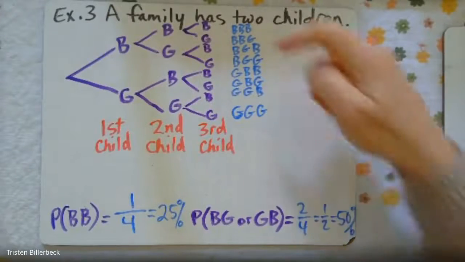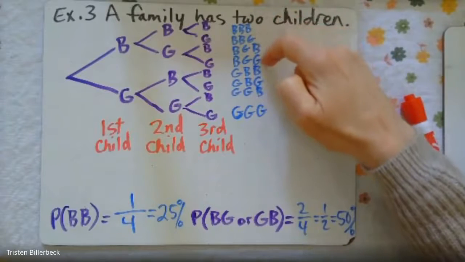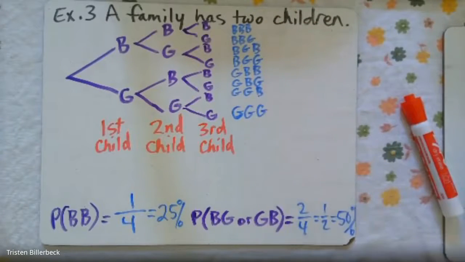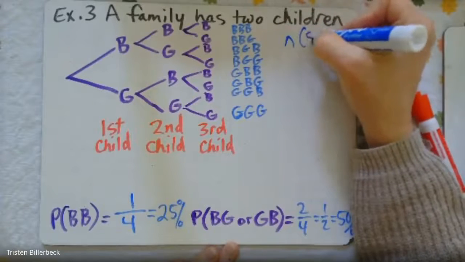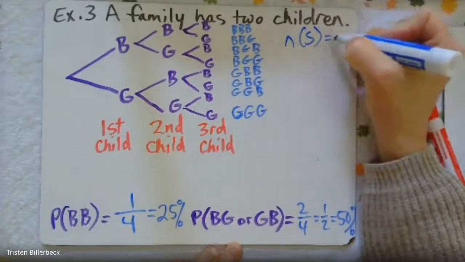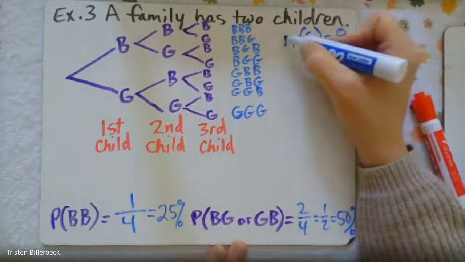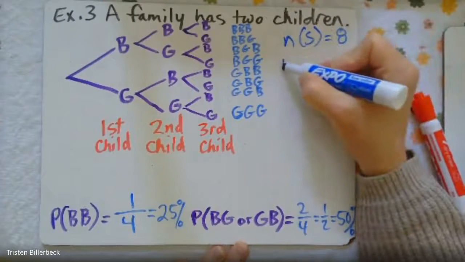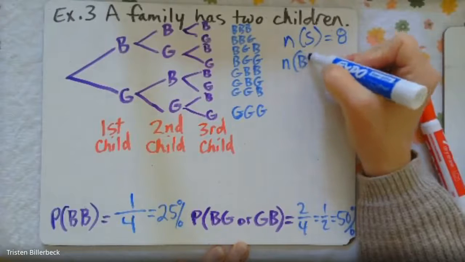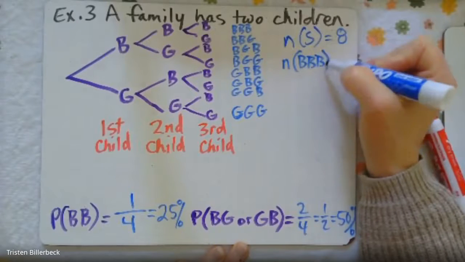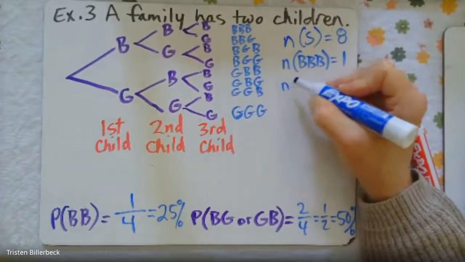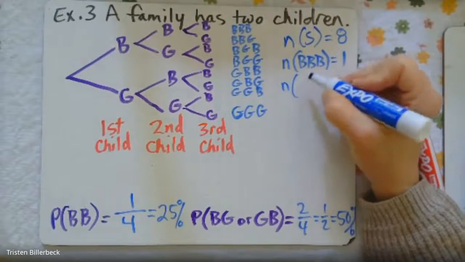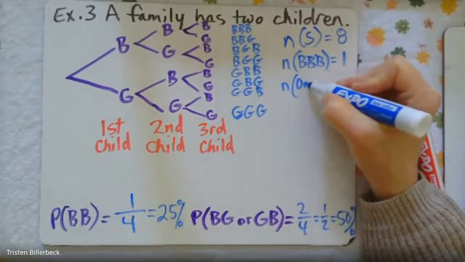So if we count that sample space, 1, 2, 3, 4, 5, 6, 7, 8. So our sample space now has 8 possibilities or 8 outcomes, and our number of outcomes that are boy, boy, boy is 1.